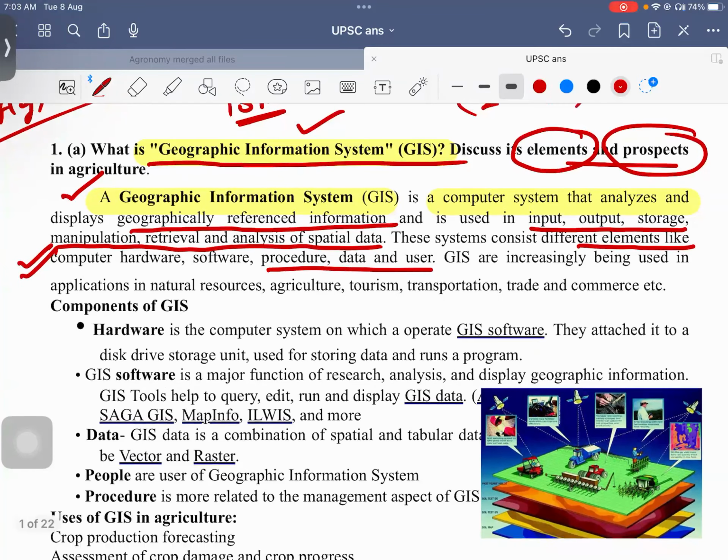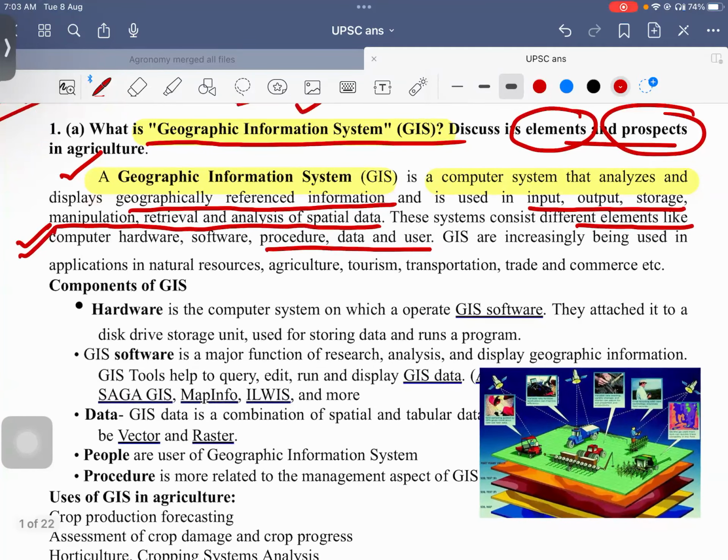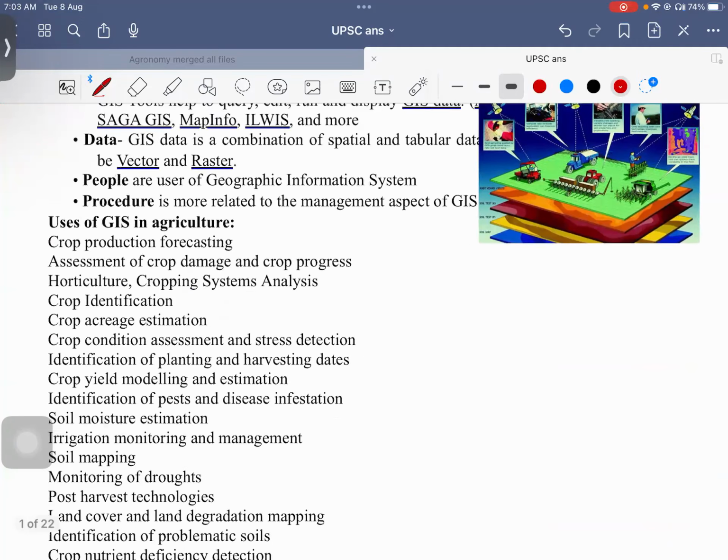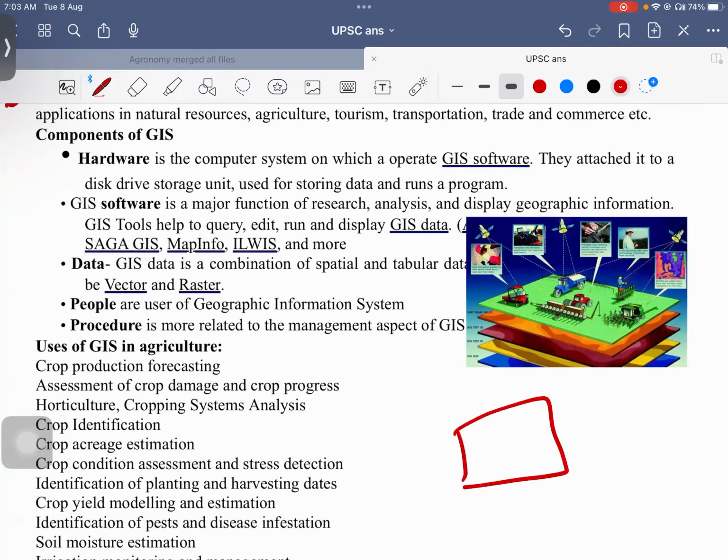Okay. So the major thing which you should remember is the basic. I think you all know that there is a field. In that field, we have to do some precise techniques, like maybe sowing, harvesting, knowing about the pest condition, disease, all these things.